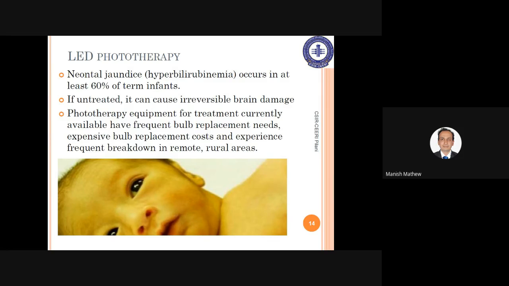Especially if you are staying in rural areas, it's very difficult to have this bulb available over there. So the problem with the conventional system was the shorter lifetime, and again it was expensive.